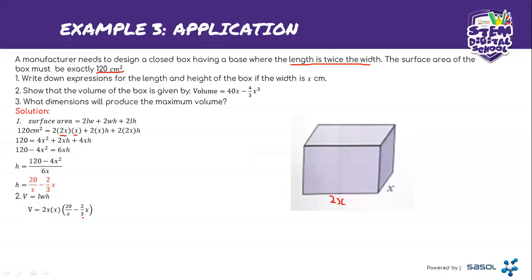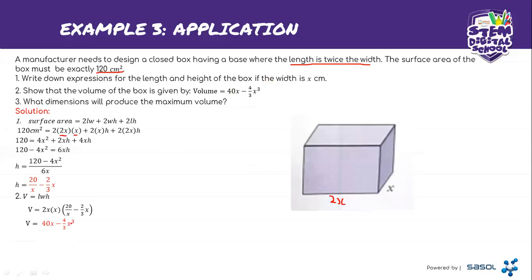And then this is what we did here. Then we're going to simplify it until we obtain this. Now we just multiply it, and then we have the final answer that we are looking for. So we have proved that the volume equals 40x minus 4 over 3x cubed.